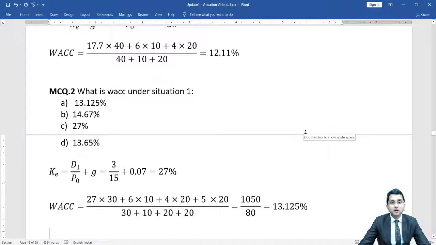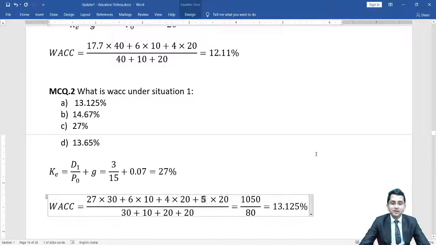If somebody asks you, it is not asked in the question, but if somebody asks you, what is marginal cost of capital? So marginal cost of capital is just 5%. Marginal cost means cost of additional fund raised. Here additional fund raised is 20 lakhs. So 20 lakhs and it is at the rate of 10%. Income tax is 50%.